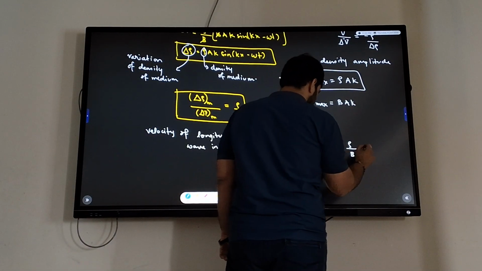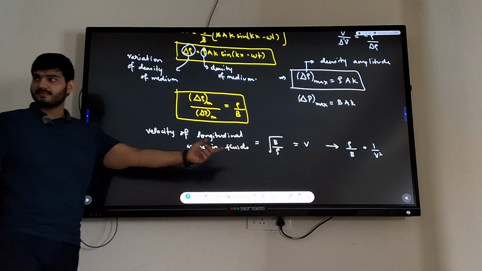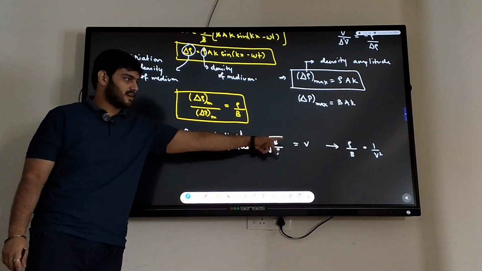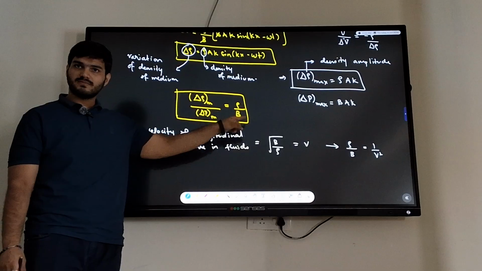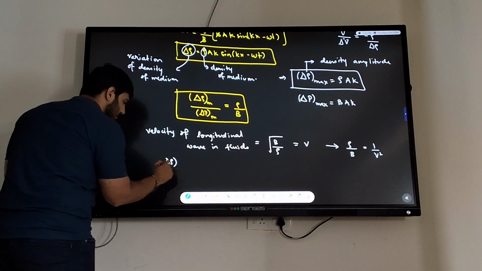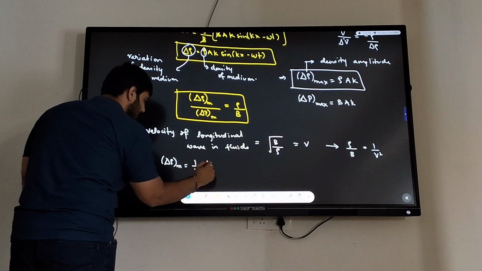Rho by B is equal to 1 by v square. Please check, सही है क्या? I took the square and then I took the reciprocal. तो rho by B इधर भी दिख रहा है ना? Then my delta rho max is related as 1 over v square delta p max.